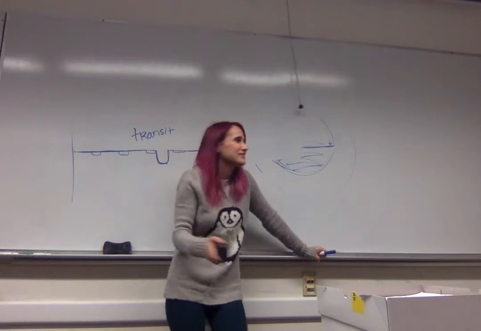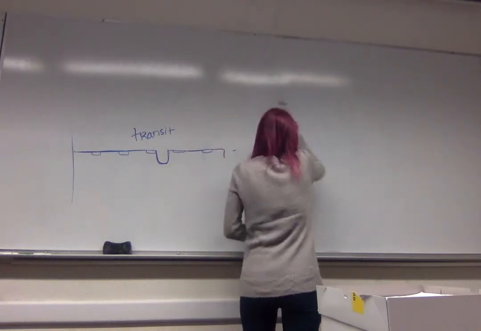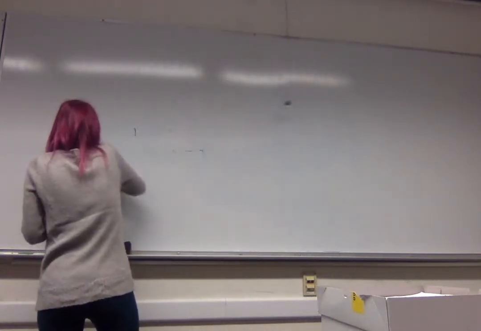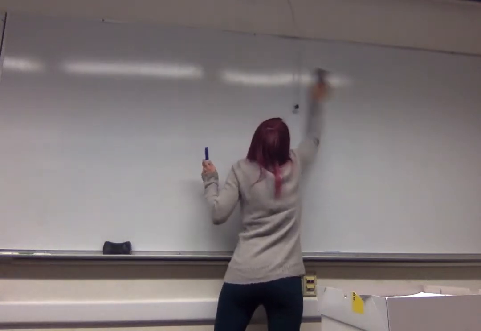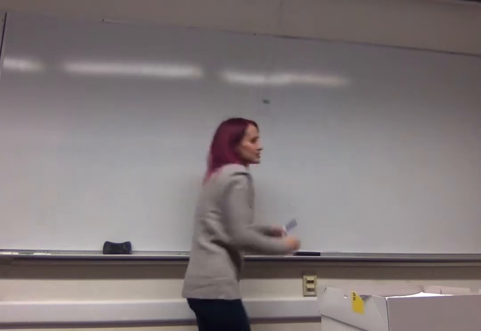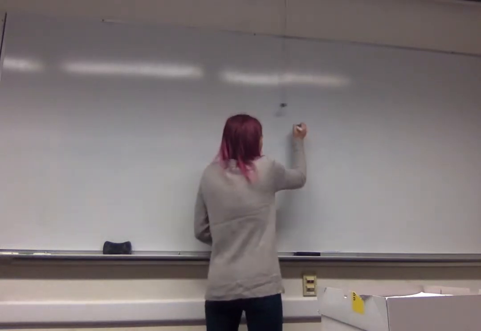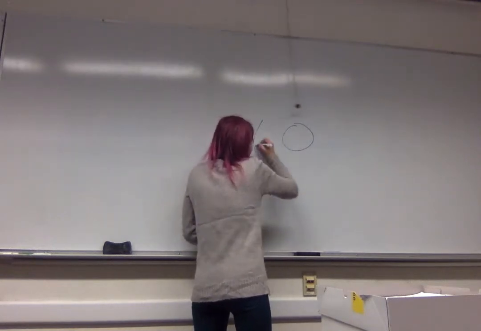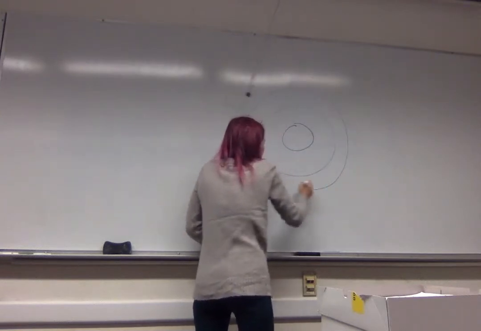So you have your star, and it has to be far away enough that water doesn't just evaporate, but close enough that water isn't just ice. So it's just liquid water, right? You have your star, and then you have this area around it called the habitable zone or the Goldilocks zone.